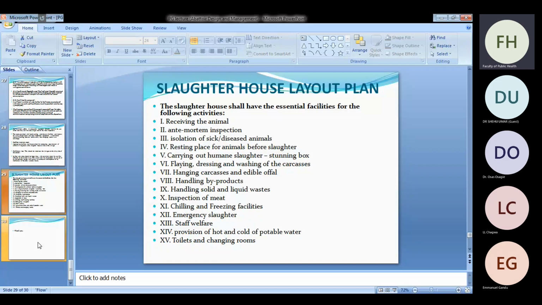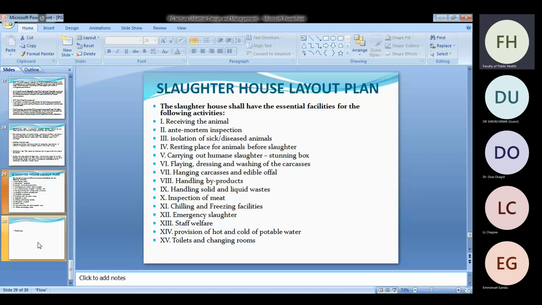What are we doing in a slaughterhouse? What are the requirements of a slaughterhouse? What are the basic essentials of a slaughterhouse? The slaughterhouse shall have the essential facilities for the following activities.